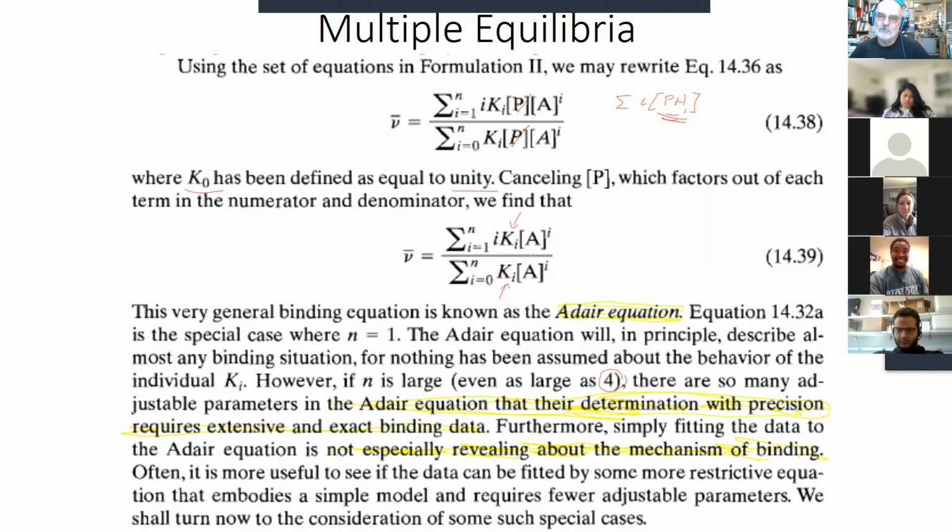Again, it's nu versus A that we generally plot this as, and there'll be some shape to it. And the shape will generally give you some information about what's going on. And the maximum value up here will usually correspond to n, the number of total ligands.